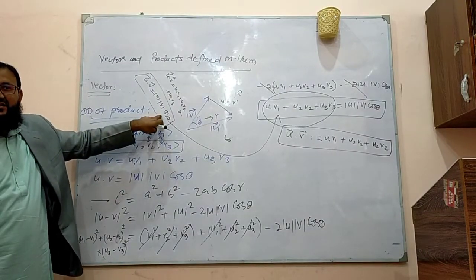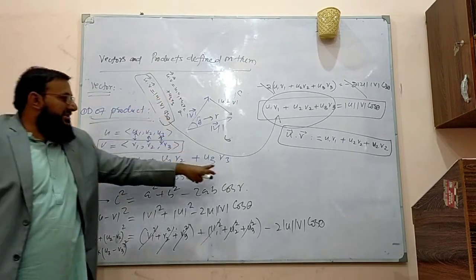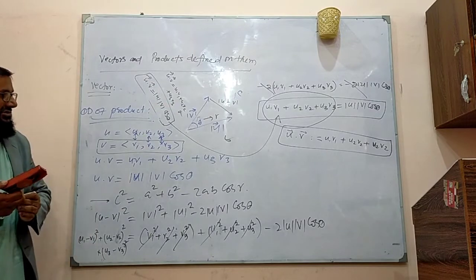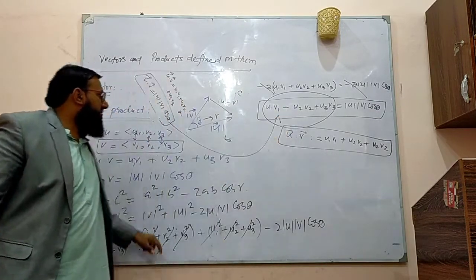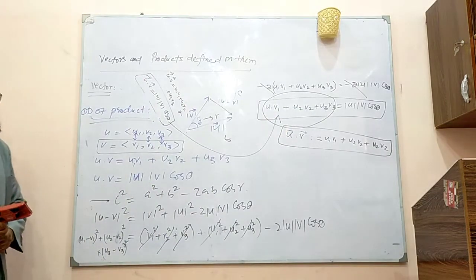So this is according to some authors, not me, this is not the definition, but the definition is this. Multivariate calculus, in any book you read, this is going to be the definition. I am going to apply this definition, then I am going to reach at this particular formula.